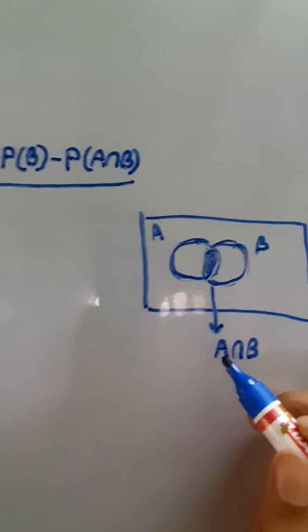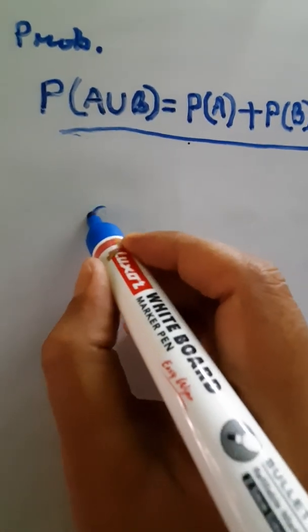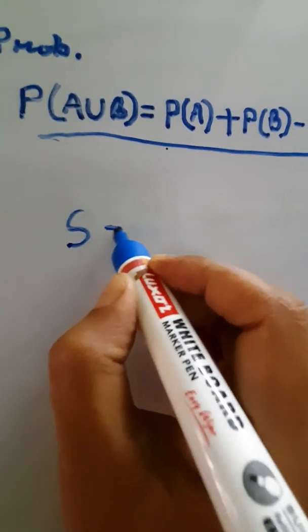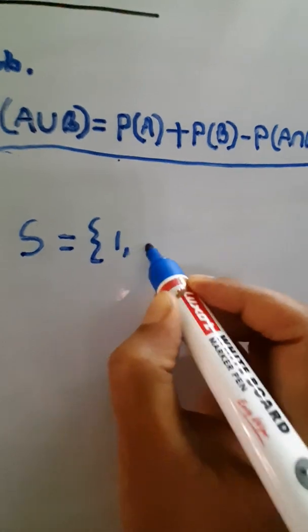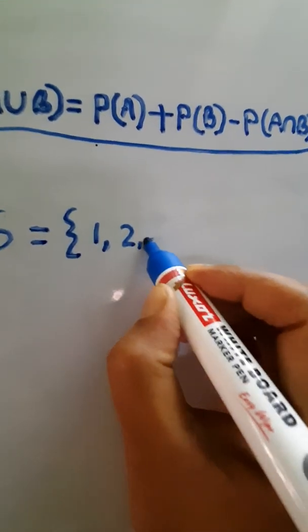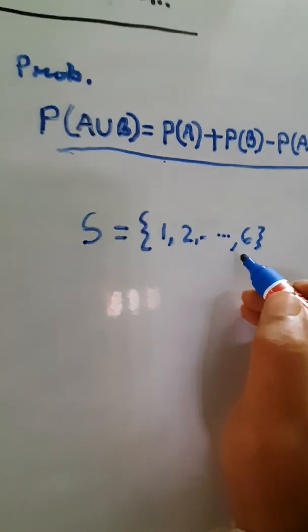Okay, one example. Take a single die. The outcomes we know are 1 up to 6. One throw of a die.